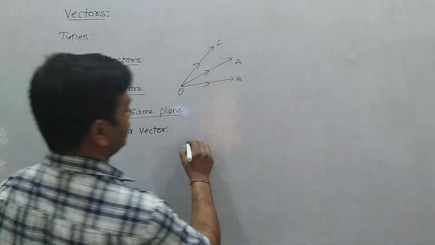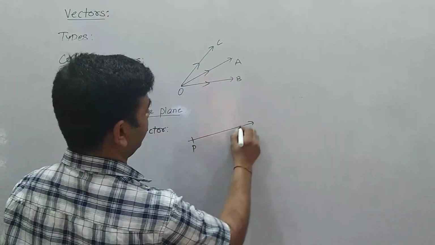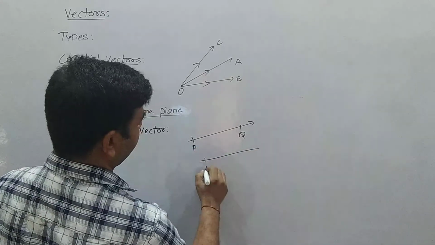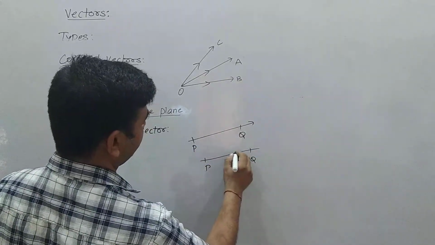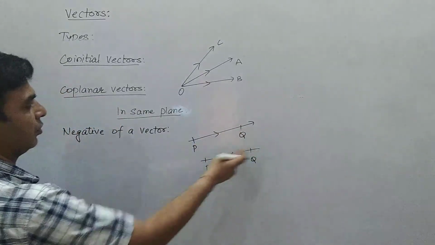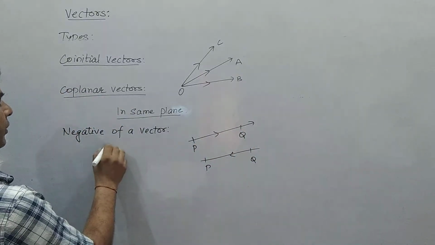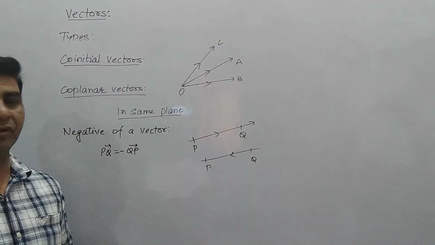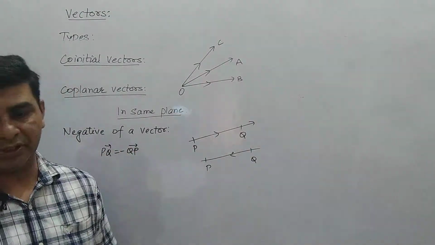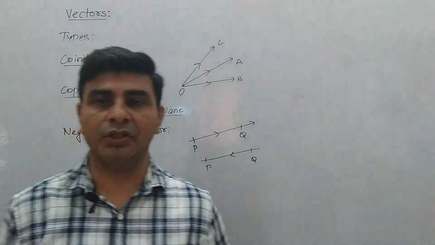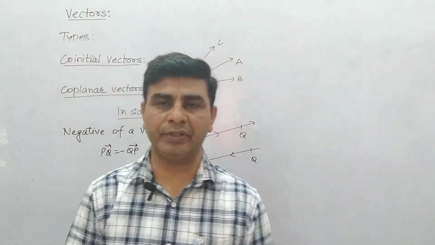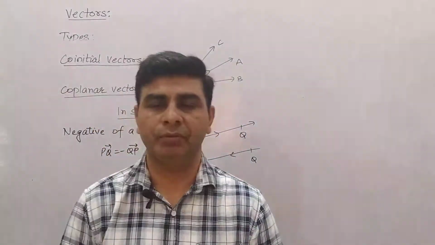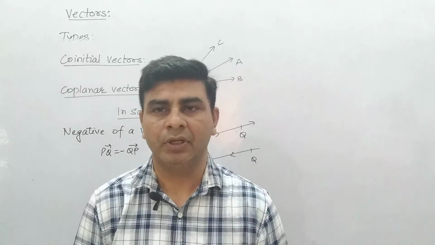Like if this is a vector PQ, and the same one directed from Q to P, this is from P to Q and this is Q to P, then PQ can be equal to minus of QP. So both are negative vectors of each other because they are moving in opposite directions. So this was all about the types of the vectors, my dear students. You can complete your exercise number 1 from your NCERT book, which is completely based on the types of the vectors.